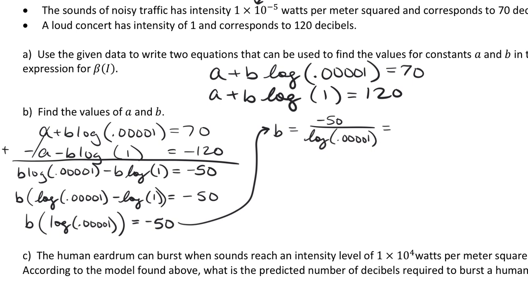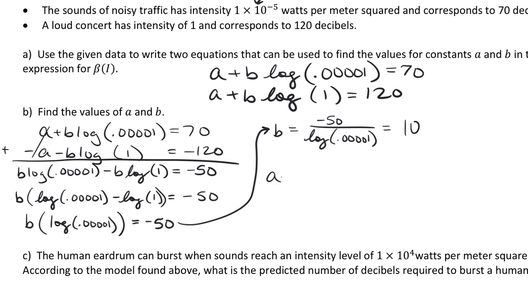It's 10. Do we need to store that number? No. We can type the number 10. Well, you can. You don't have to. You can store it as b if you want. But since it's a number we are not rounding, you don't have to store it. We can then use that number to find a.